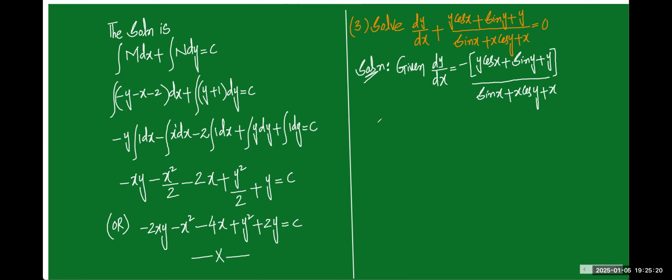Cross multiply. Cross multiply means you get sin x plus x cos y plus x, of dy, is equal to minus y cos x plus sin y plus y, of dx.